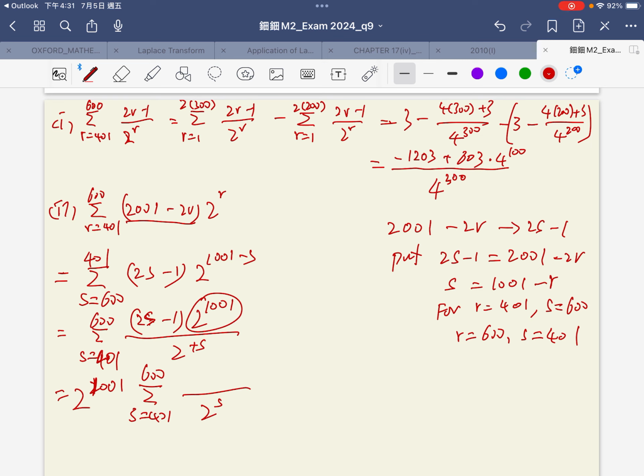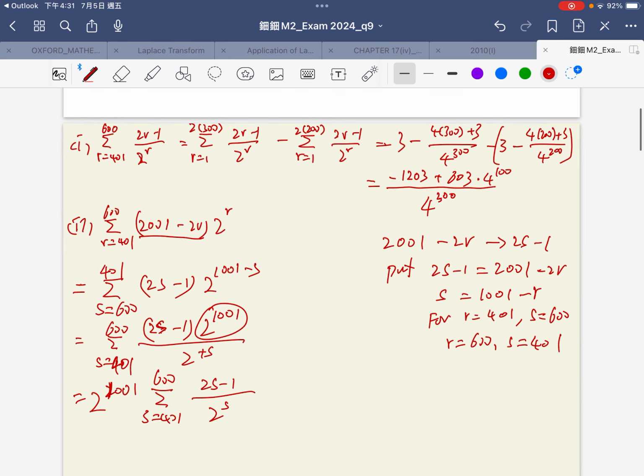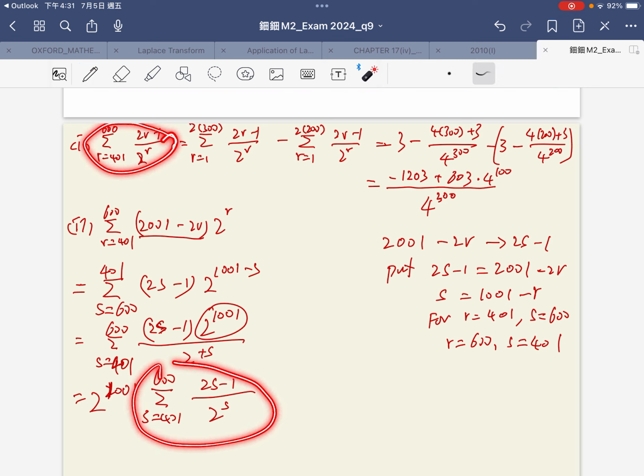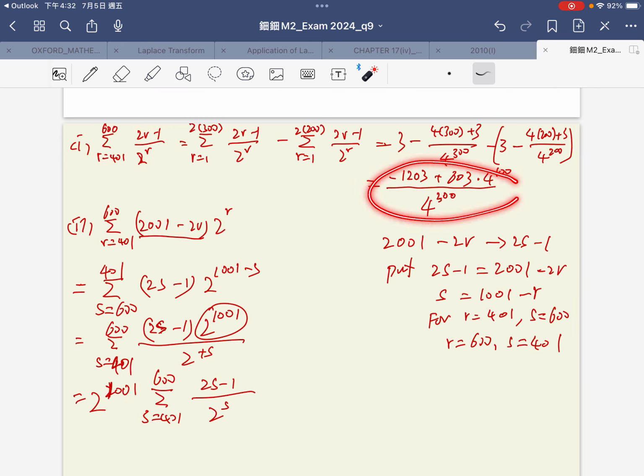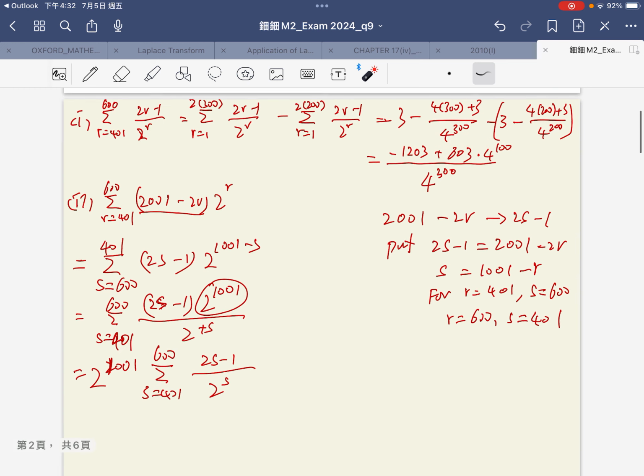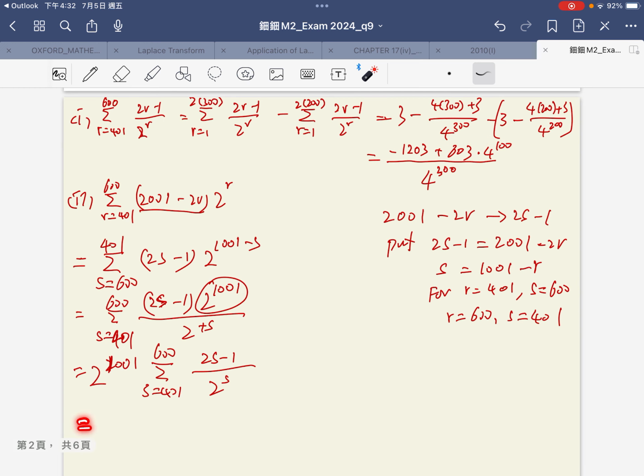Oh, this is positive. And finally, we can observe that it is exactly the format of the question in part 1. Therefore, we can copy this result into the next step.